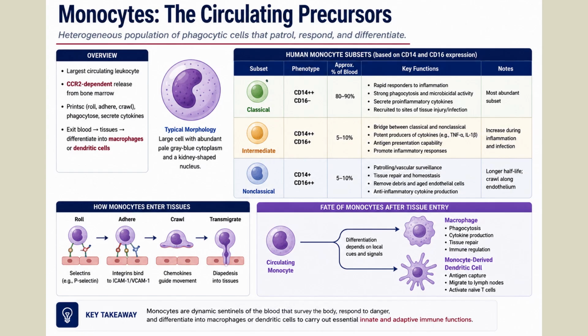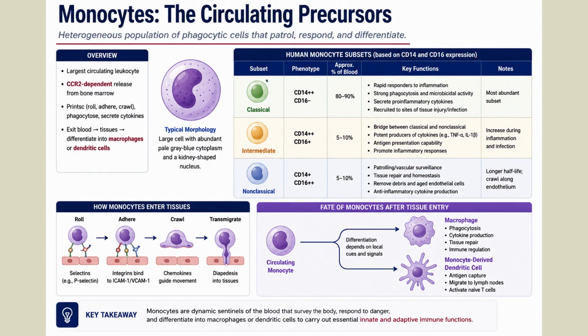Classical monocytes represent the largest population and are particularly important in recruitment to tissues, while non-classical monocytes are often described as vascular patrollers because they crawl along the luminal surface of blood cells and survey the endothelium.